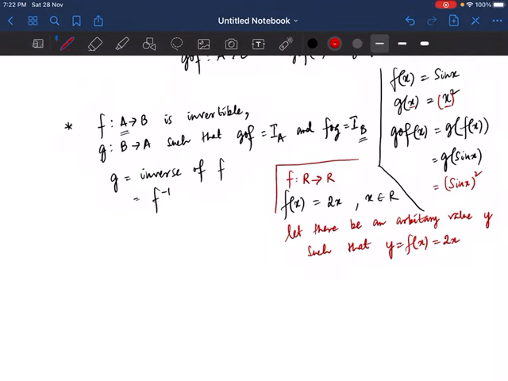From here, y = f(x) = 2x, we can write x = y/2. By this way, x = y/2, we can define a new function g(y).